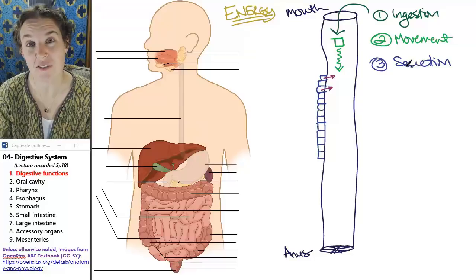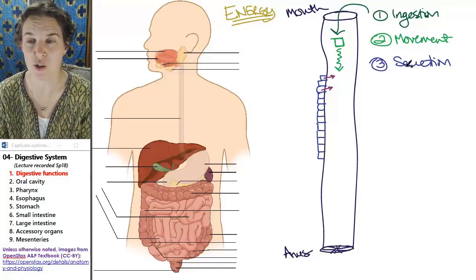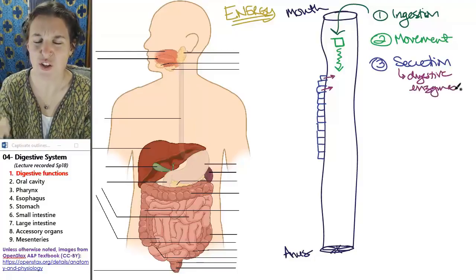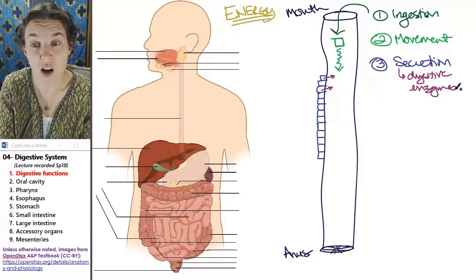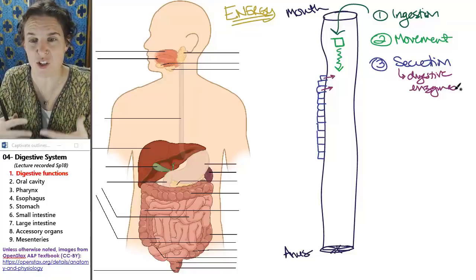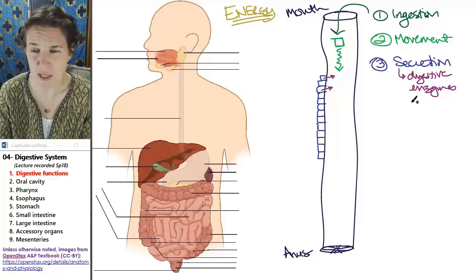Secretion is the process of taking stuff from inside the body and moving it into the tube. Things that get secreted are things like digestive enzymes. So you've got food in there, you're moving it along, you secrete stuff that's going to help the other processes take place.